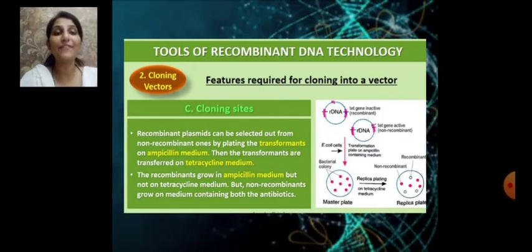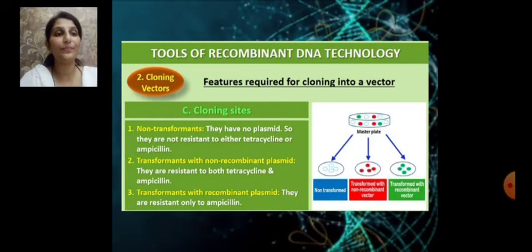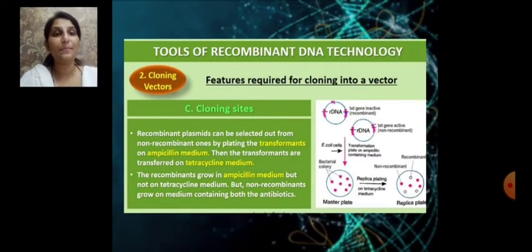On ampicillin medium, who will be able to resist ampicillin? Only the transformants will be able to resist it, whereas the non-transformants will be completely wiped out. So the first step is plating the transformants on ampicillin medium.